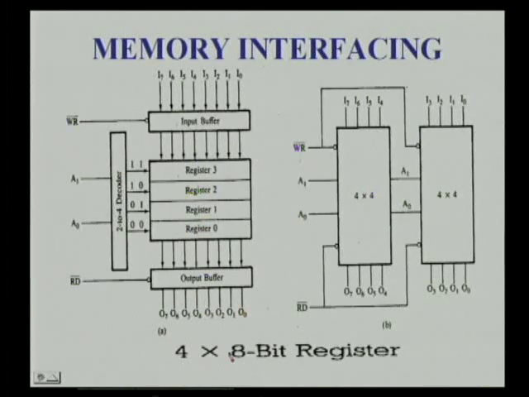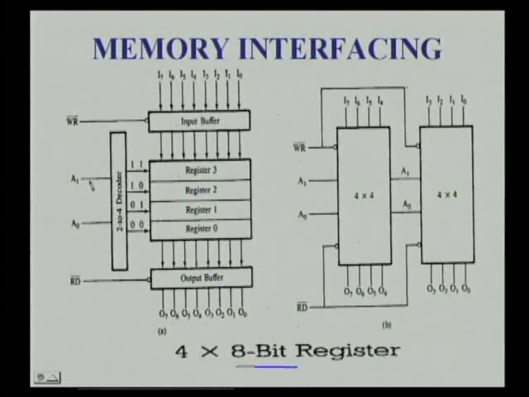Next we see an 8-bit register, the actual 8-bit register. By using 4-bit registers, we can simply connect them in parallel as shown in this diagram. The write bar signal is connected to both, the read bar signal is connected to both, and the same A1, A0 pins are connected to both 4x4 registers. Now it becomes a 4x8 register.